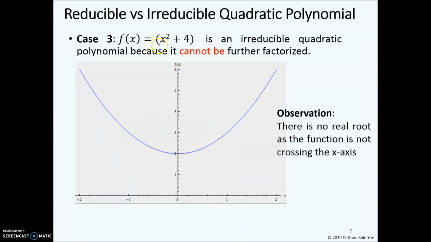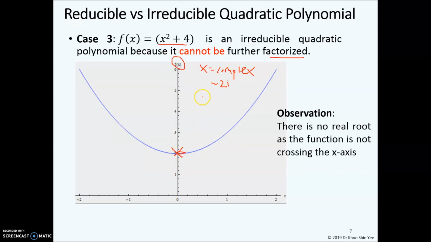For the last case, if you have a polynomial function like this, x squared plus 4, we cannot further factorize it anymore. If you use a calculator, you get the root in complex form, where you have an imaginary number. In this case it is 2i. So where is 2i? i is on your y-axis here, so 2 will be somewhere here.